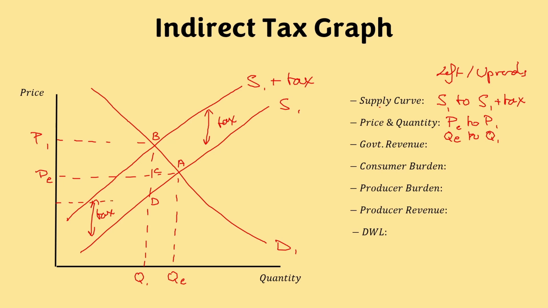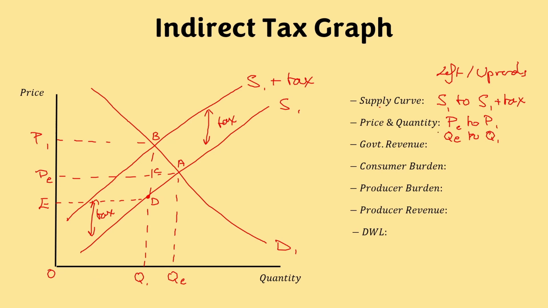So we can join this dotted line here up to D. We can call this E. And so we can see that the tax the government gets here is the vertical distance B to D. And then, if we want to calculate the revenue, we do this amount, which is what they get per unit, times the quantity from the firm that sells, which would be 0 to Q1.